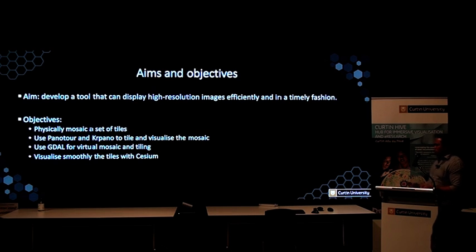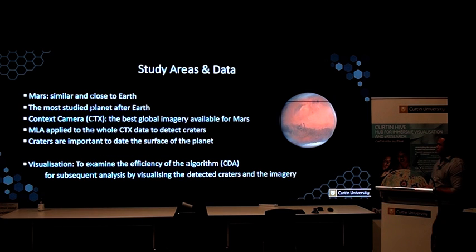And also, one of the objectives is to virtually mosaic some tiles of images and then visualize them smoothly with a spherical display, Cesium. Now, let's move on to the study area and data.